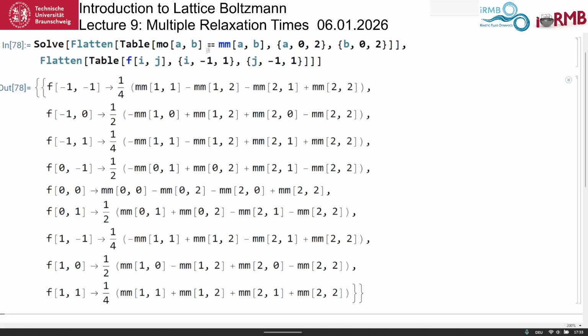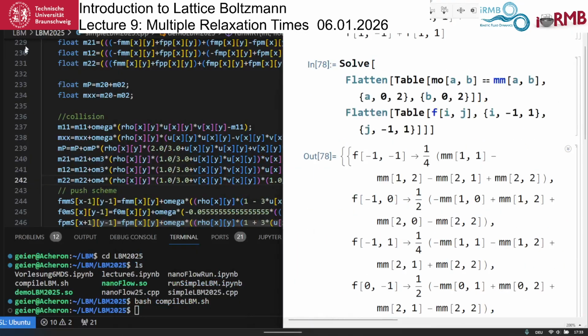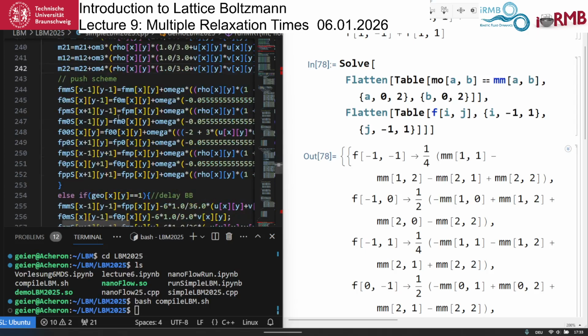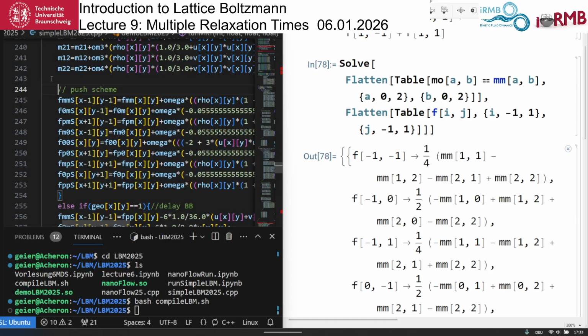Right, so here I just noticed one thing. Here we still have our BGK stuff together with the push scheme. So I suggest we use this as a kind of template where we put the back transformation into. But there is one thing I've apparently forgotten, because we have to recover our M20.